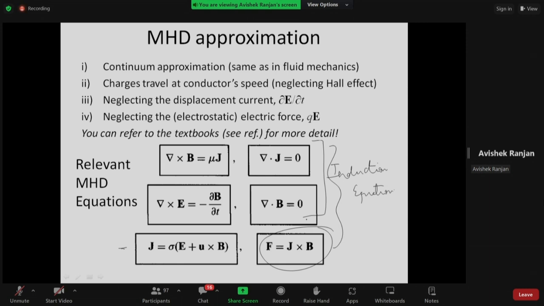In case you don't need to do full MHD, in some cases all the terms need not be solved. That is called the low frequency or low Rm approximation. In that case, the equations become much simpler to deal with. If you want me to elaborate on that, I can do that. But I hope this answers your question at least partly.